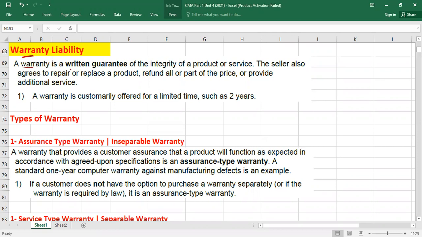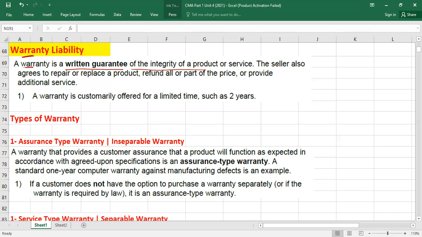A warranty is a written guarantee of the integrity of the product or service. For example, when you buy mobile phones, it's a very common example. The seller will give you warranty, mainly for 1 year.